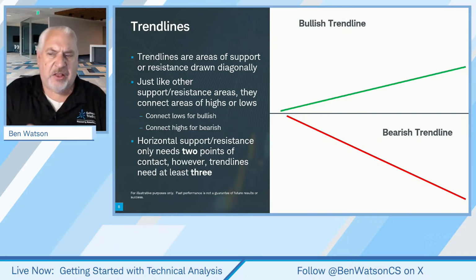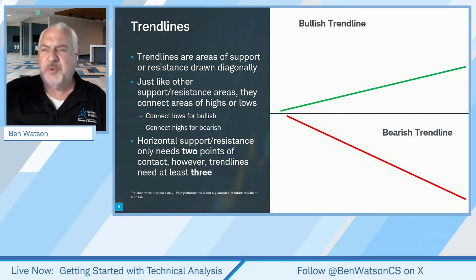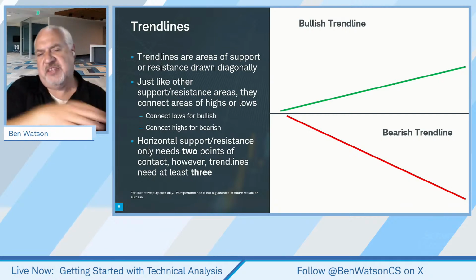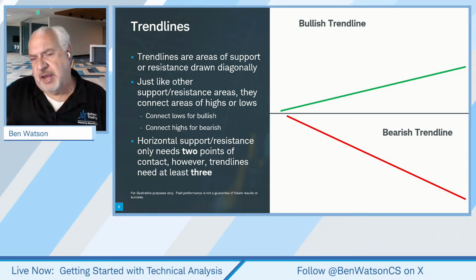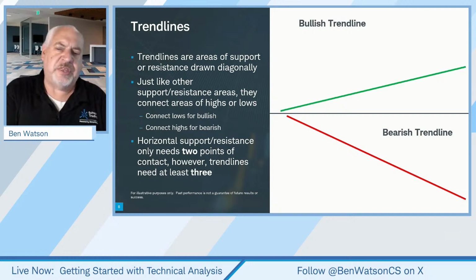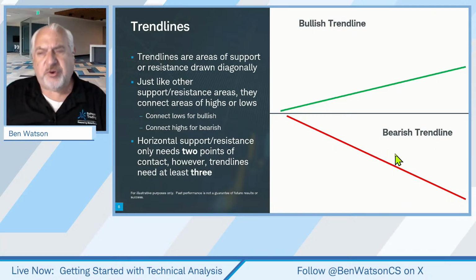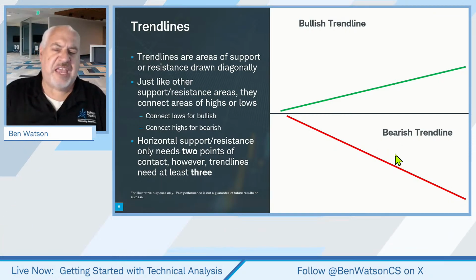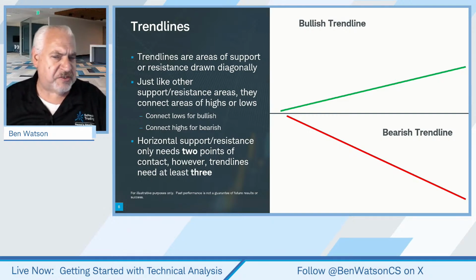So if it's angling from the left-hand side of the chart to the right-hand side of the chart and it's angling up, we would consider that to be a bullish trend line. If it is angling down, we would consider that to be a bearish trend line. Both of those levels can act as levels of support and resistance.